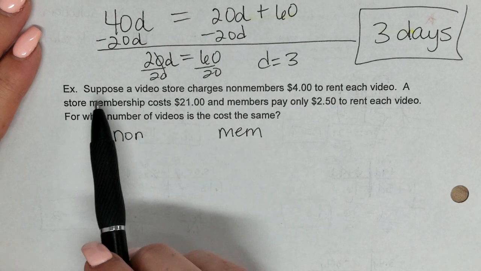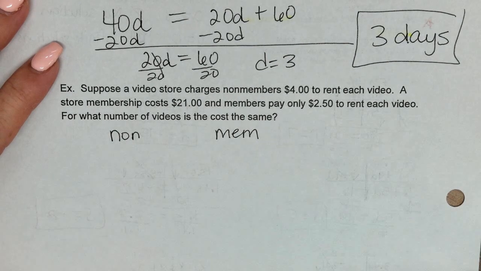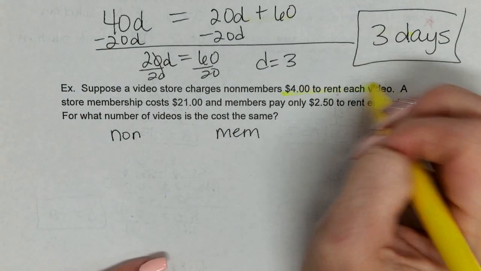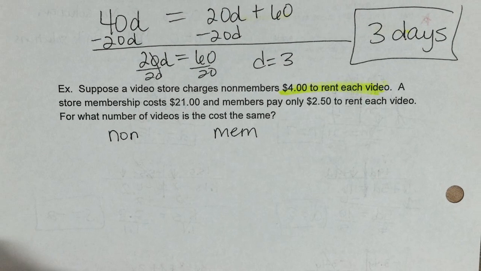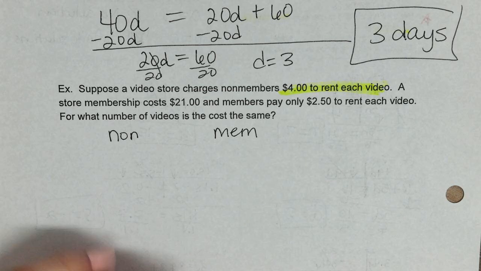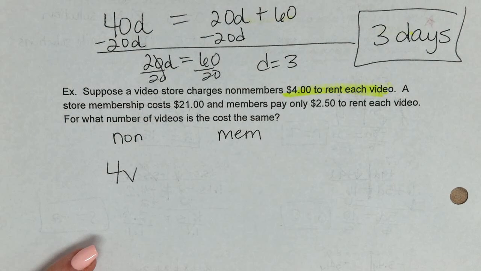All right, let's read. Suppose a video star charges non-members $4 to rent each video. Did y'all hear that word, each? That means it's a rate. How would I write that? 4V, or for V, if you want to use a variable that represents what we're talking about.